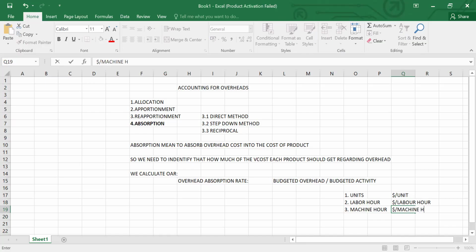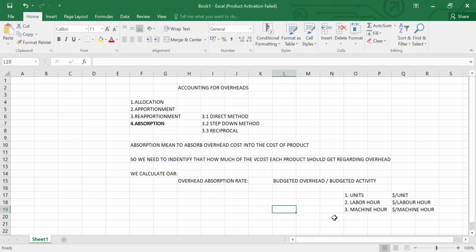So for instance, if I am given an answer that says $50 per machine hour, that means that if a machine works 1 hour, it is going to result in $50 in overhead cost. Similarly, if it's $50 per labor hour, it means that one labor hour worked causes $50 of cost for the business, and the same goes for per unit as well.